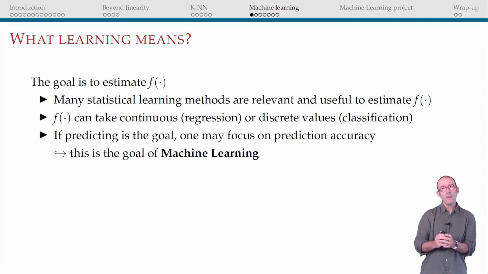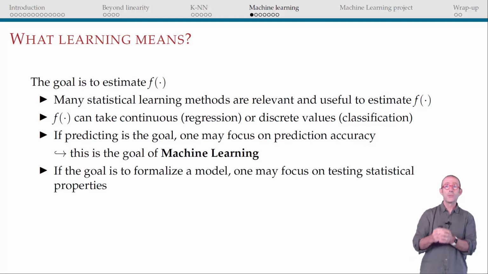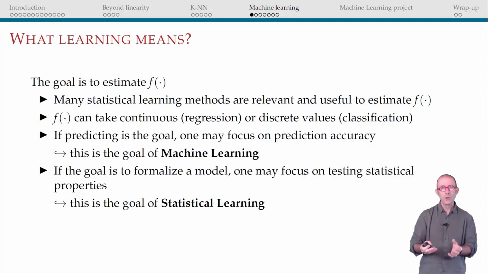And then we may use machine learning tools, because this is the goal of machine learning, to predict. If the goal is to formalize a model, to learn and to explain why we observe this or that, then we may focus on statistical properties. And this is the goal of statistical learning.